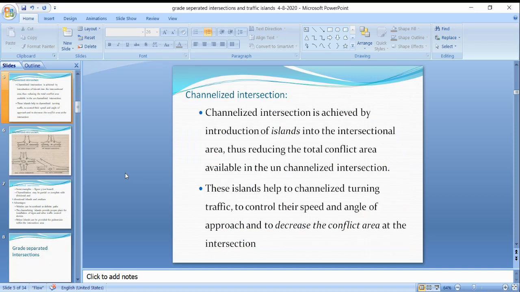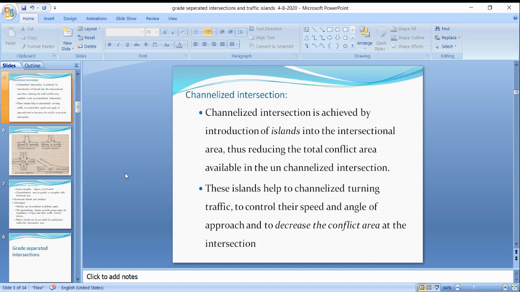Next comes the channelized intersections. What do we mean by channelized? Channelized intersections are achieved by the introduction of islands. An island is like a circle form in the middle, as you can imagine in water. All the roads connect to that point.